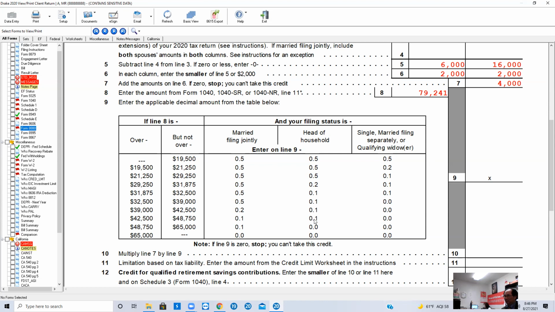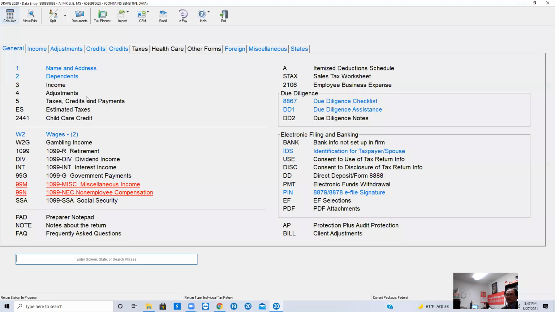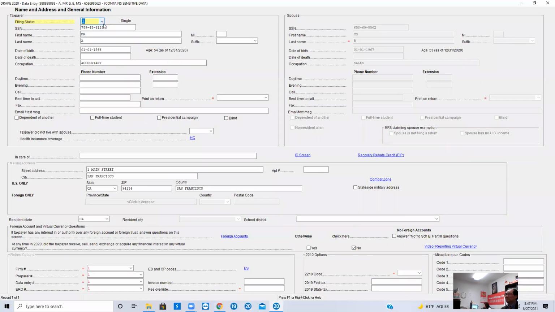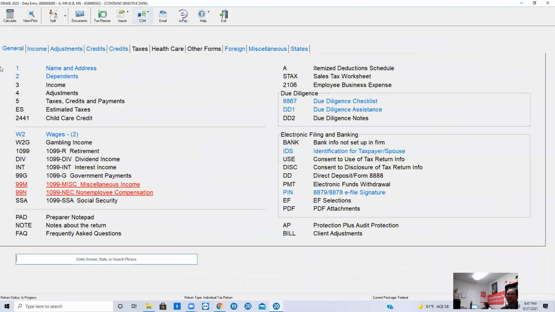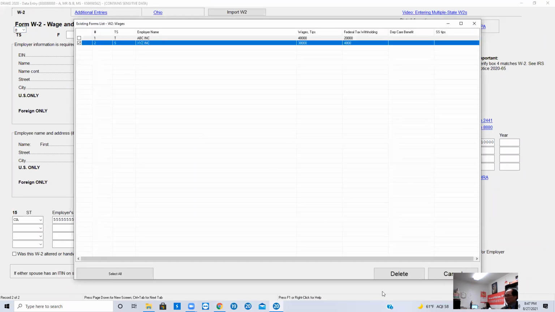Can you see that right there? In this situation, the income is more than that because I have others. So let me change the scenario a little bit. Even though I put single in here, because of the W2, the computer is not smart enough to get rid of all these incomes. So I have to get rid of these incomes.